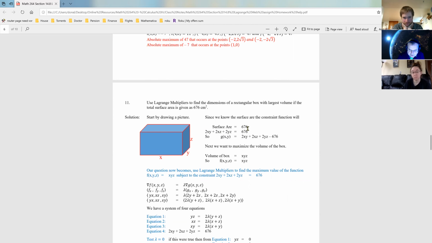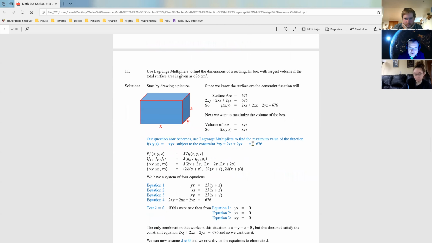Now, this function generates the constraint. We're only allowed to look in places where 2xy plus 2xz plus 2yz is equal to 676. Now, what do we know about the thing that we're trying to maximize? We're trying to maximize the volume, which in this case is just x times y times z.